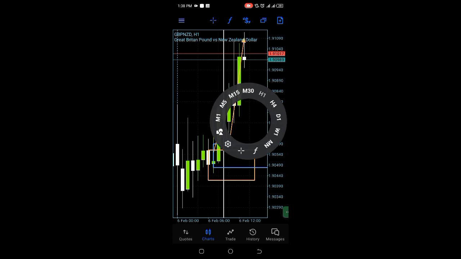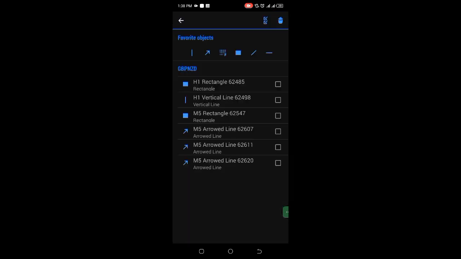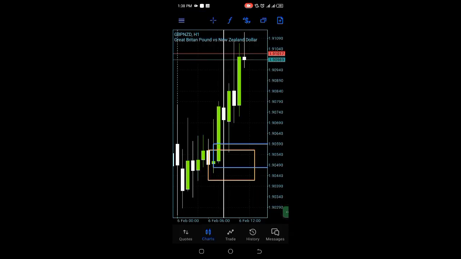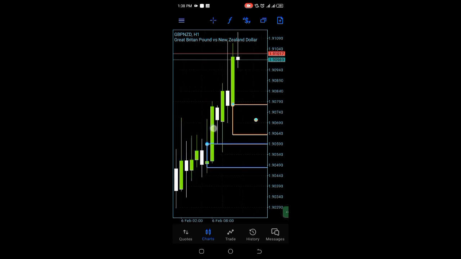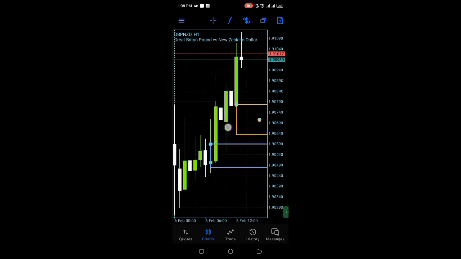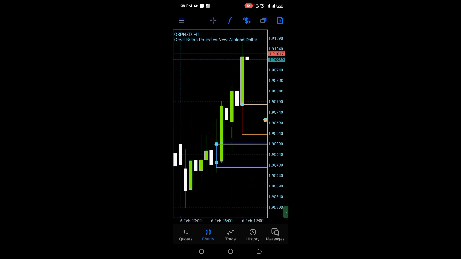Okay, and then of course we had another zone printed for us today. So we had this zone printed here, the next one you can see. Okay, so that is the bearish candle, and then the bullish candle engulfs the bearish.